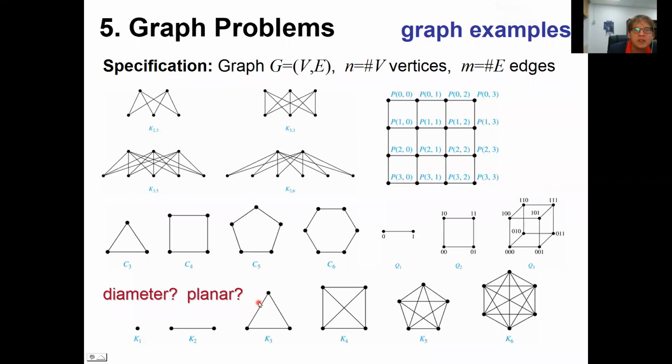For example, these three graphs are drawn without crossing edges, but here is an edge crossing, here are edges crossing, and here are edges crossing. An edge crossing means that visually they overlap, but it's not possible to transfer from one edge to the other. So here there seems to be a crossing, but imagine these to be subways, then it's not possible to transfer from one subway line to the other.